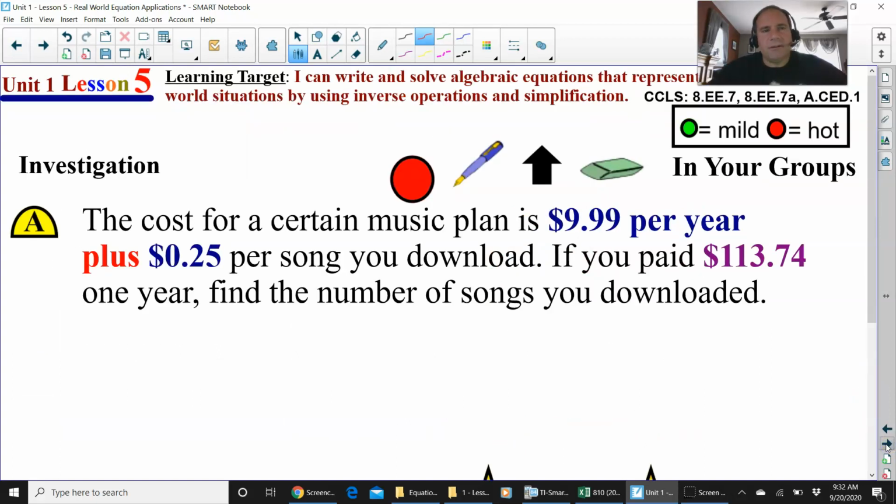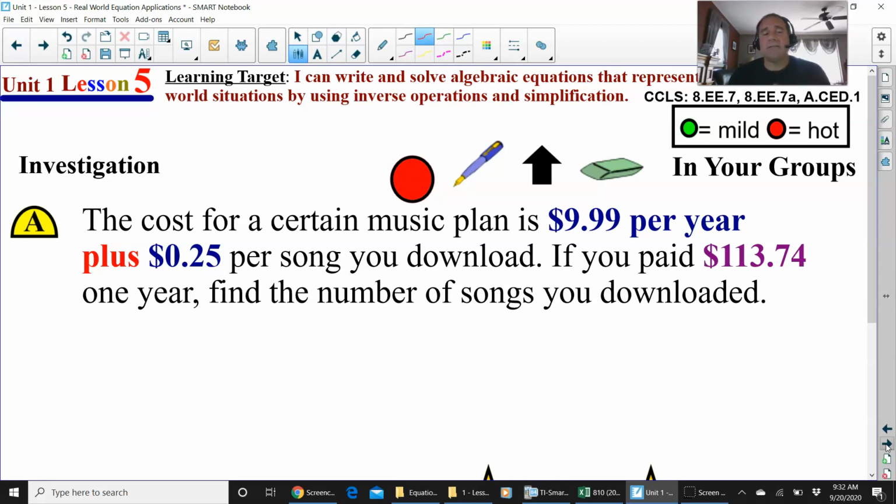All right, so this one right here, the cost for a certain music plan is $9.99 per year plus 0.25 per song you download. If you paid $113.74 for 1 year, find the number of songs you downloaded.